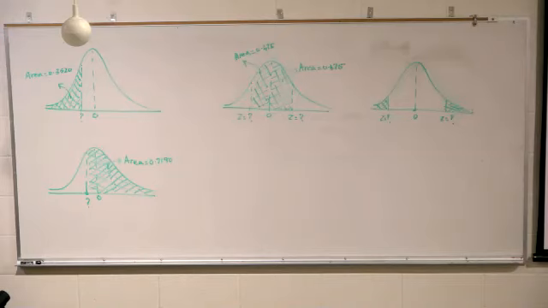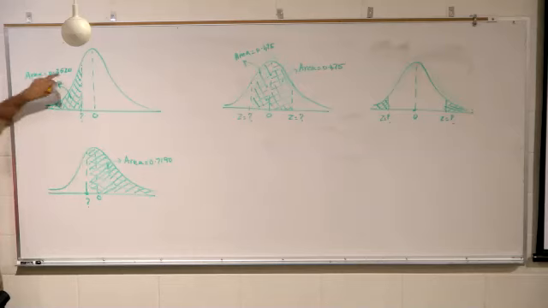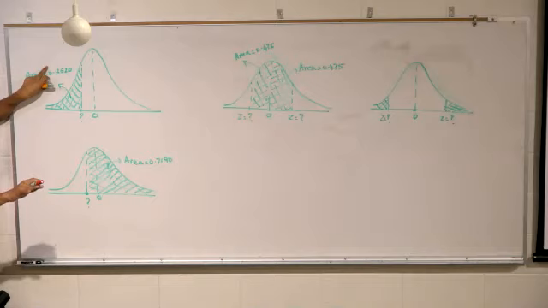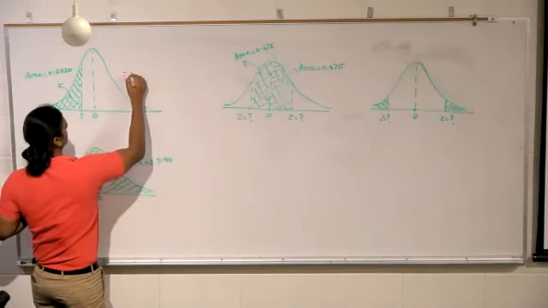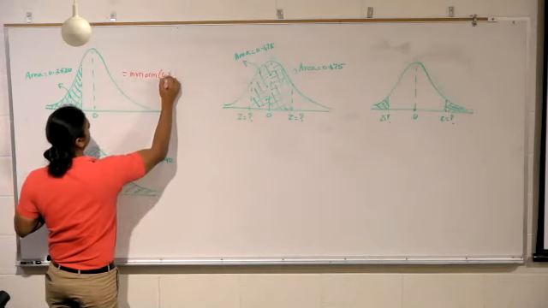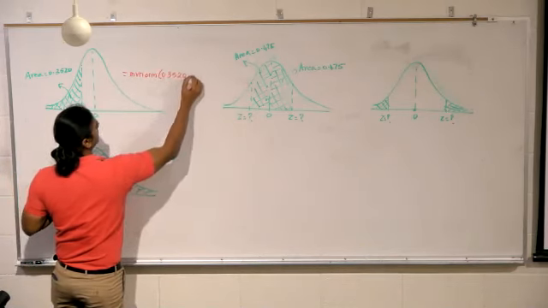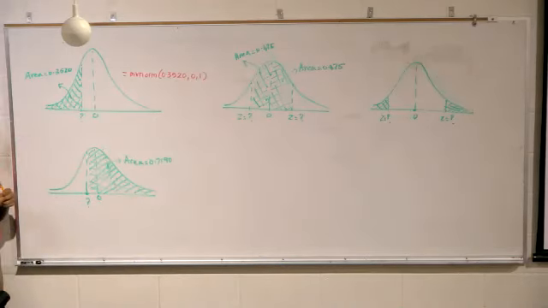So the first one here is straightforward. We're trying to find the percentile here. The area is given to us, so we can directly put it in the calculator. In this norm, the area below is 0.3520, the mean is 0, standard deviation is 1.